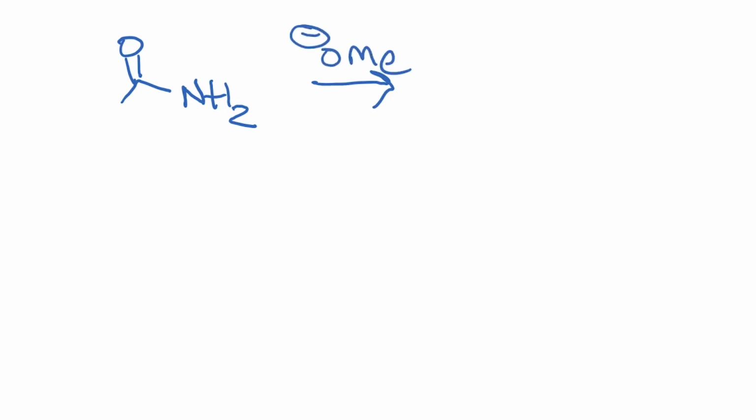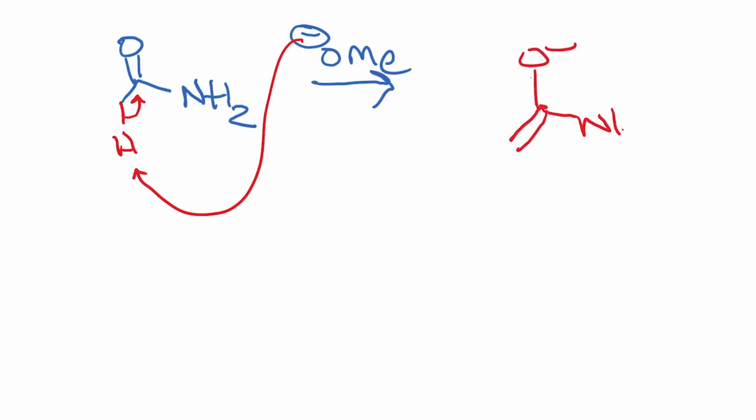The methoxide can again do a couple of things. This is indeed a proton that can be picked up, and you can generate the enolate, as we are quite familiar with. However, there is a problem here. The problem is that this NH2 hydrogen is quite acidic. You might have studied about this in the previous semester.